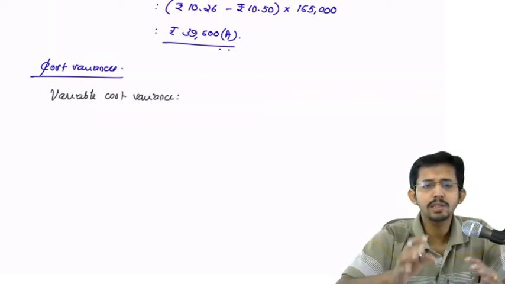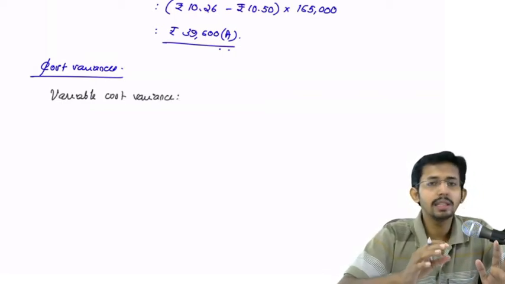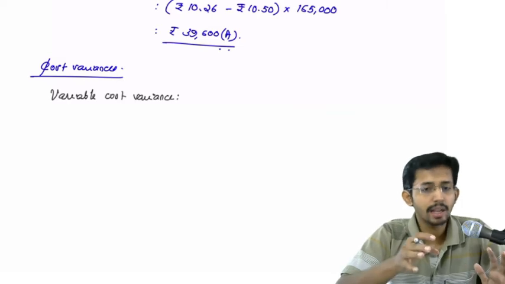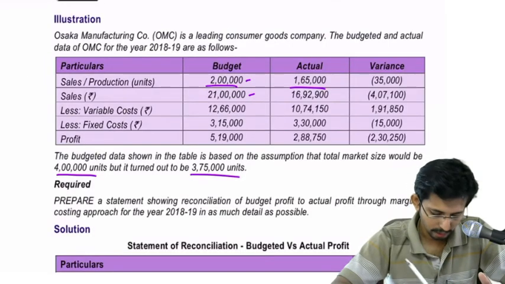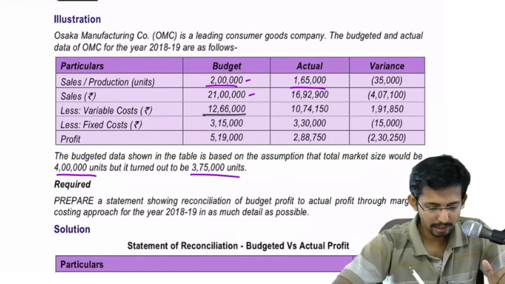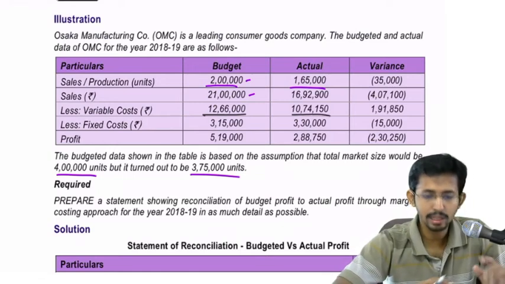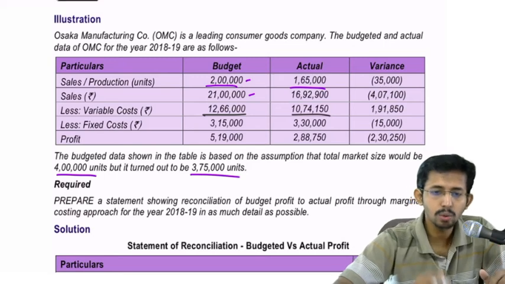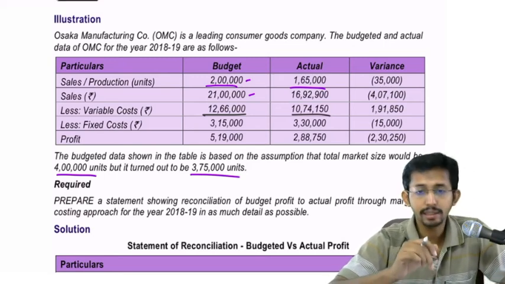You don't have too much information with respect to why variable cost differed. You just know the variable cost as per the budget and the actual variable cost. That's all what you have.